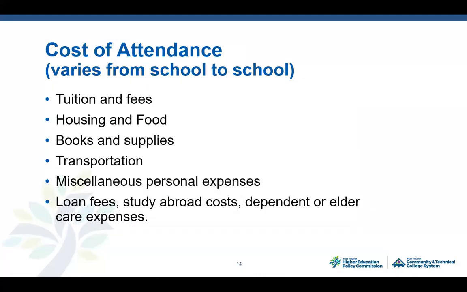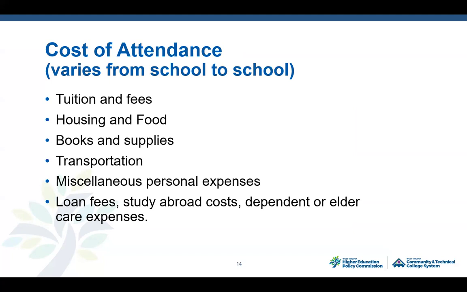The cost of attendance varies significantly from school to school, but it also varies within a school. You have tuition and fees that you pay directly to the college that's part of the cost of attendance. You also have housing and food, which is going to vary whether you live on campus, whether you live off campus, or whether you live at home. But you can get financial aid to help cover that expense.